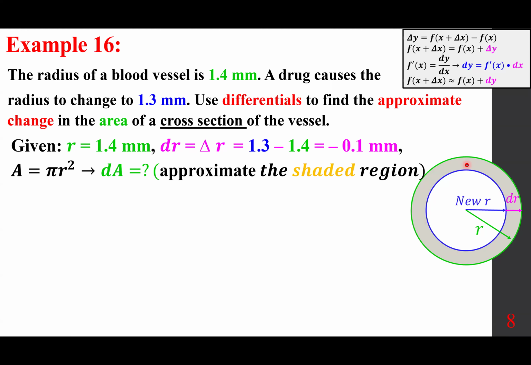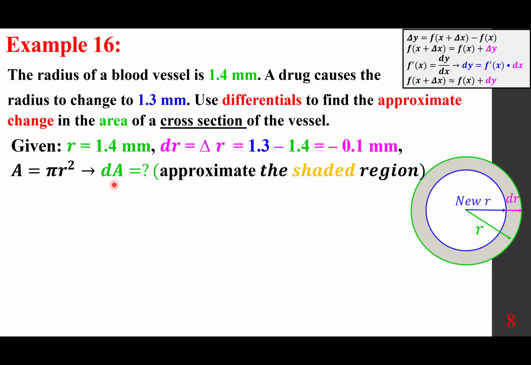We just want to shade it. We're going to look at the shaded region. So having said that, we know the area is pi r squared.